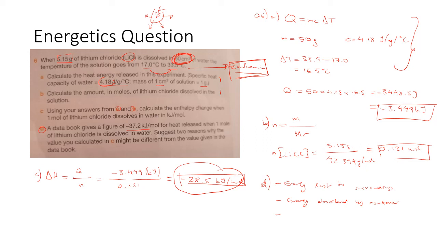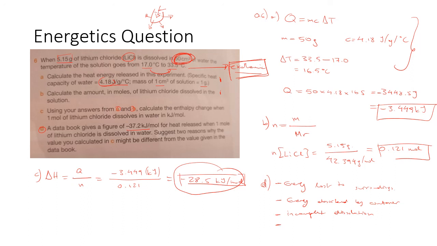So yes, you put 5.15 grams in the water, but how do you know that all of it has been dissolved? Incomplete dissolution. And if only part of it has been dissolved, obviously the change in energy will be smaller than what we expect, or than what actually happens.